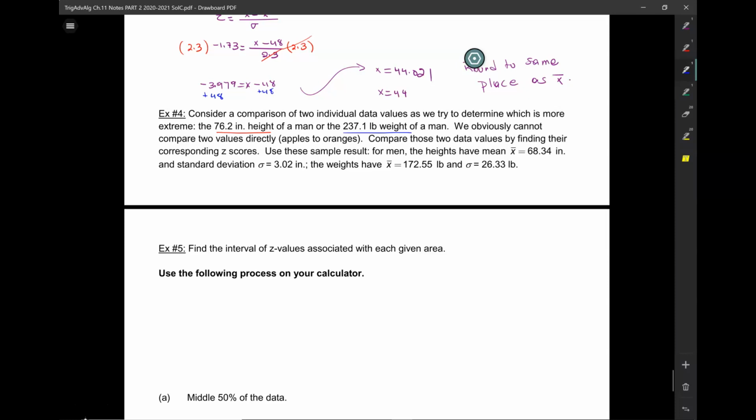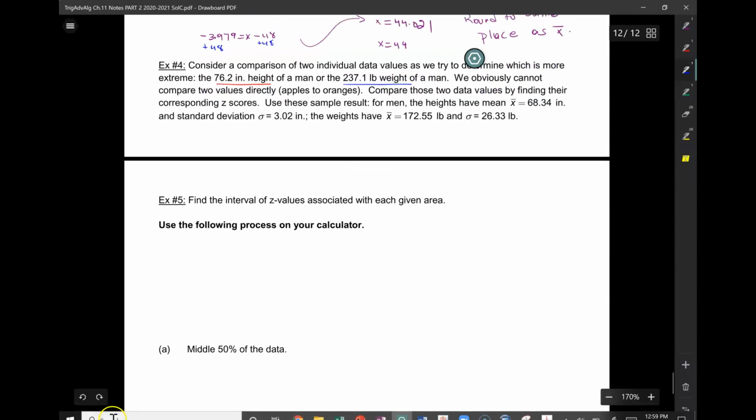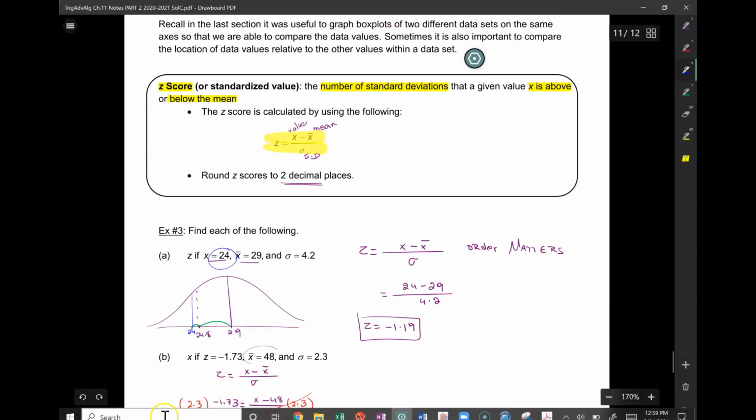You want to know which of them is more of an extreme value compared to the mean. You can't compare the two of them to each other, because it's like apples and oranges. However, you can find each of their z-scores and see which one is further away from the mean.